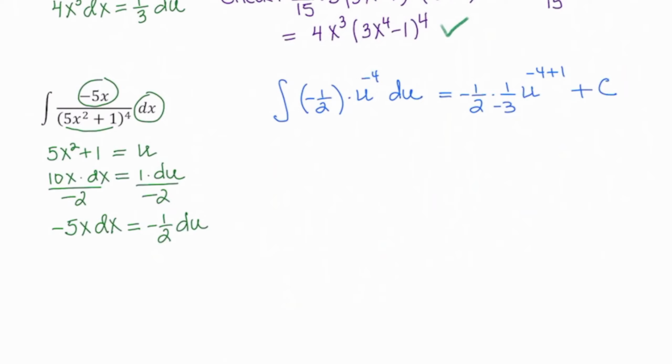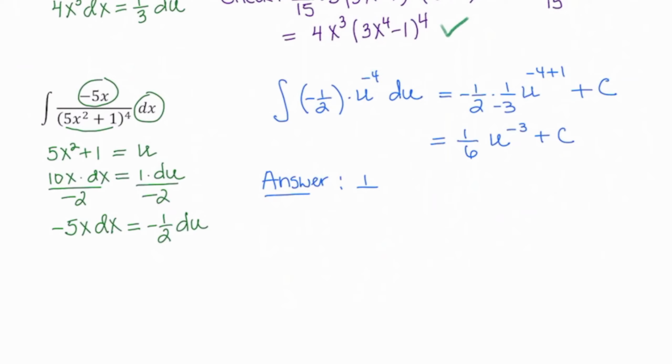Okay, so if we simplify this, we get a positive number here, 1 over 6 u raised to the negative third power plus C. And then our final answer, remember we need to convert it back into our original variable.